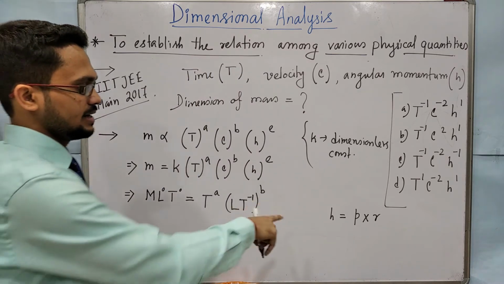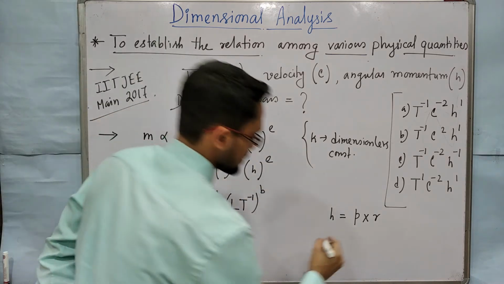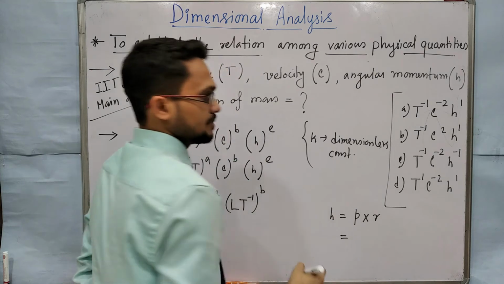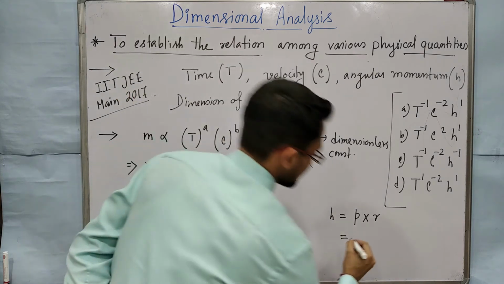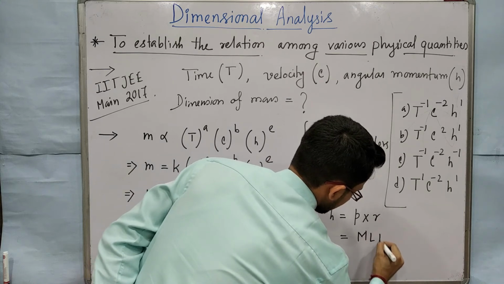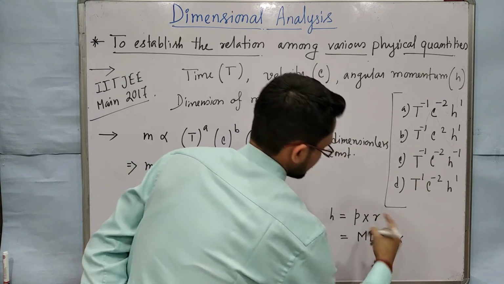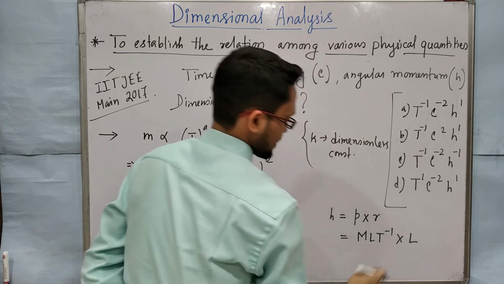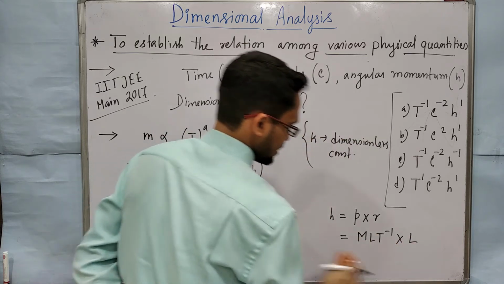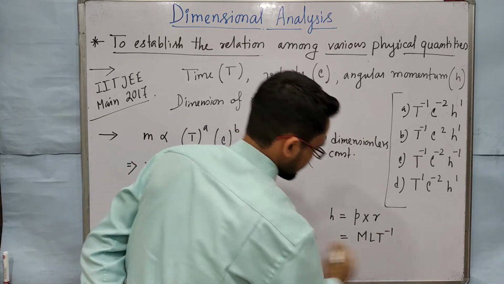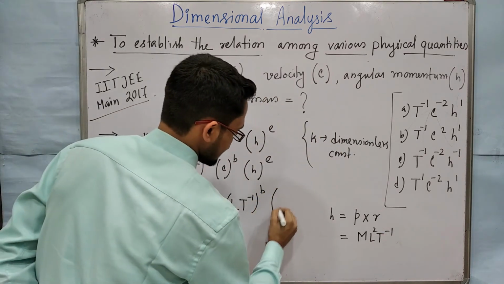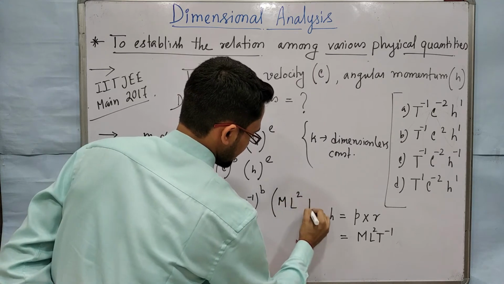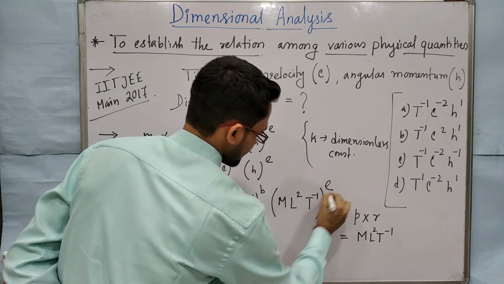Linear momentum means m into v, v is LT minus 1. So it will be m LT minus 1, into distance, which is L. So 2L, L square. So H has dimension m L square T minus 1 to the power E.